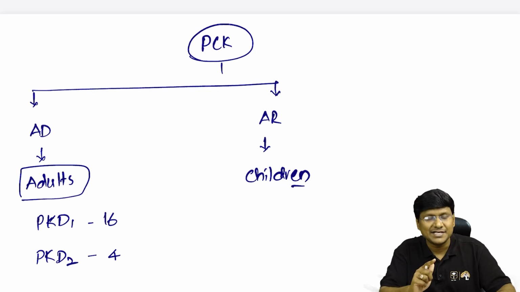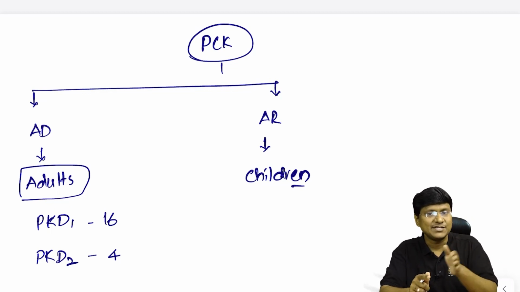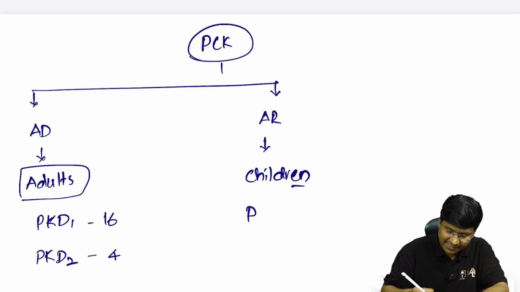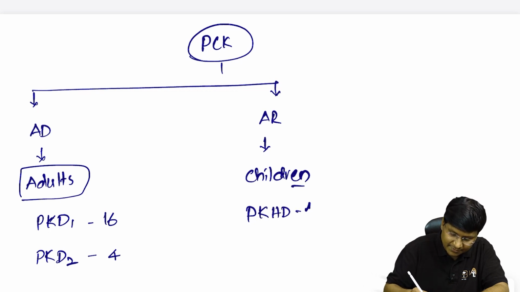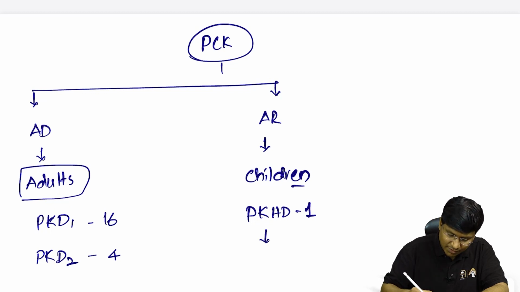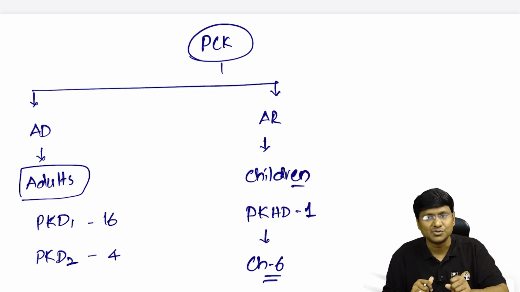In case of children, the type of inheritance is autosomal recessive, and the gene that is being mutated is PKHD1. This PKHD1 gene is present on chromosome 6.